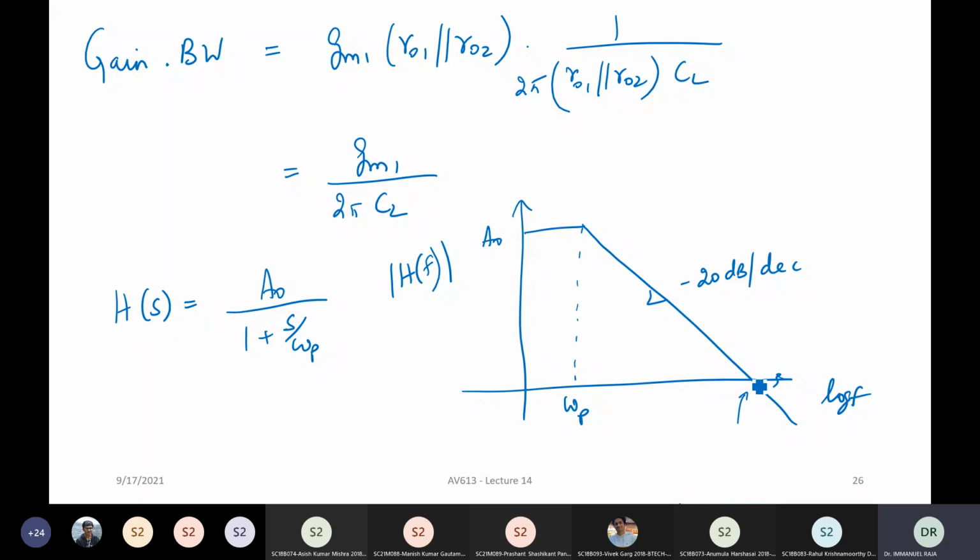Now, what is this point? Do you know what this is called? The intersect point? Unity gain. Exactly. This you would have studied as unity gain frequency or unity gain bandwidth, right? Now, what is your unity gain bandwidth for a single pole system? You have to put mod H of S equal to 1, which means A naught divided by root of 1 plus omega by omega P the whole squared is equal to 1.